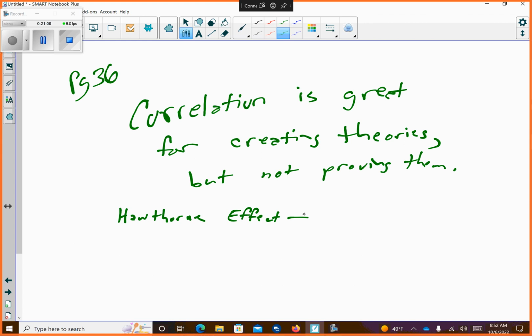So did the working conditions improve, did that create more productivity by the employees, or was being watched by somebody what caused the productivity to come up? It's called the Hawthorne effect.